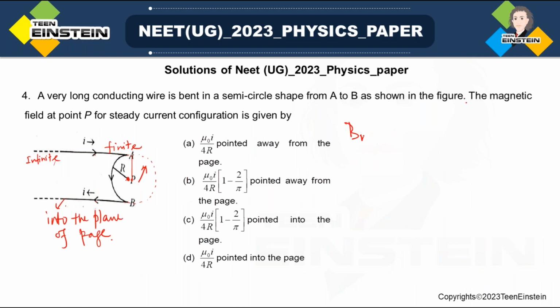Now look, what is the net magnetic field at that position? See, due to the circular arc, the magnetic field is coming out, and it seems to be having the greater magnetic field.